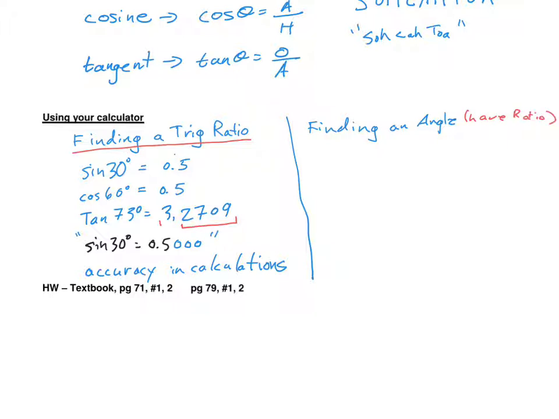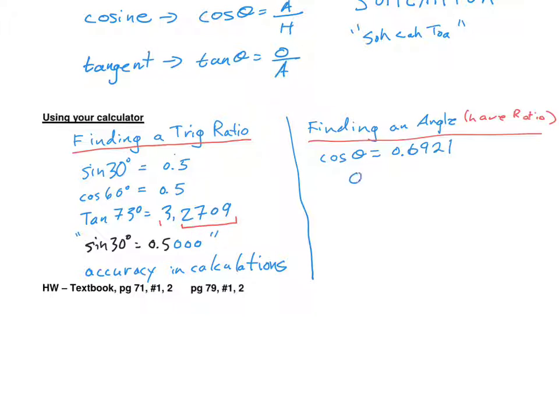Okay, so for example, if I have the following, cosine of theta is equal to 0.6921.